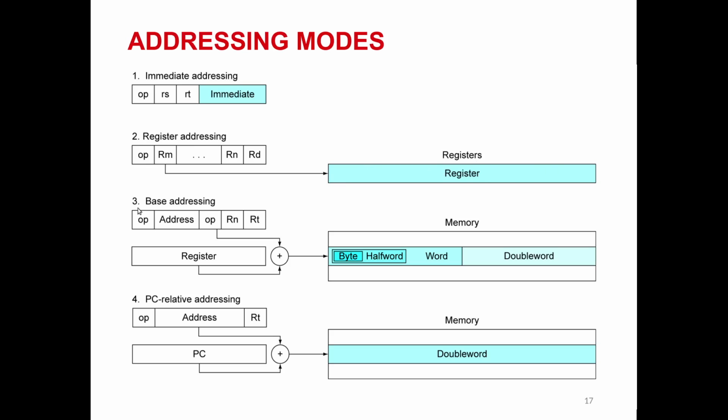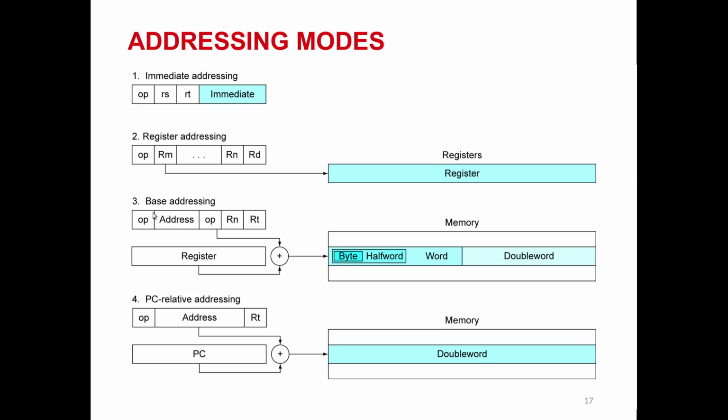The third addressing mode is base addressing, which you can see in the memory load or store instructions, or D format instruction.